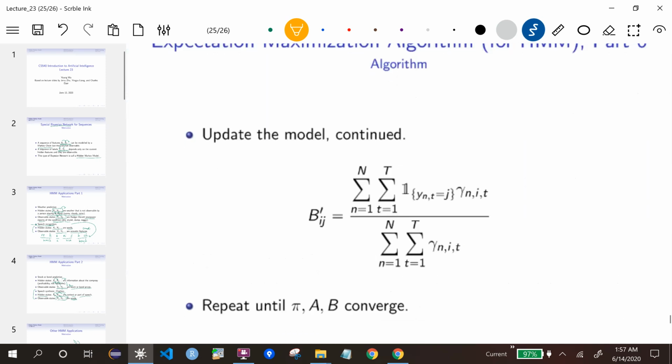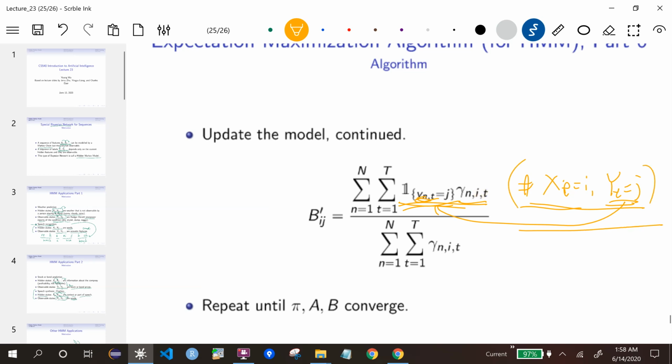And next, again, it's similar. We're counting the number of times xt is i and yt is j. And yt is j is just kind of an indicator because we know these already from the training data. So we just have an indicator and then we multiply by this count. That basically counts the number of times these are happening at the same time.